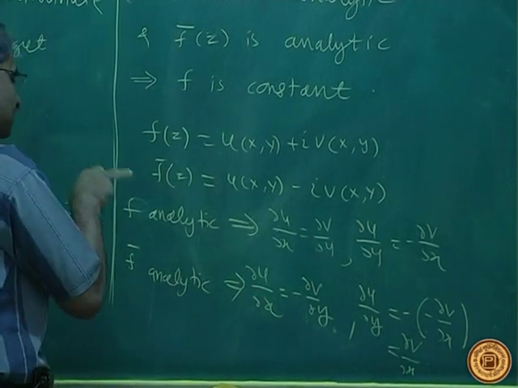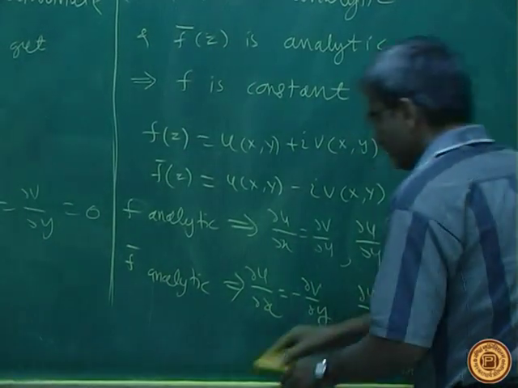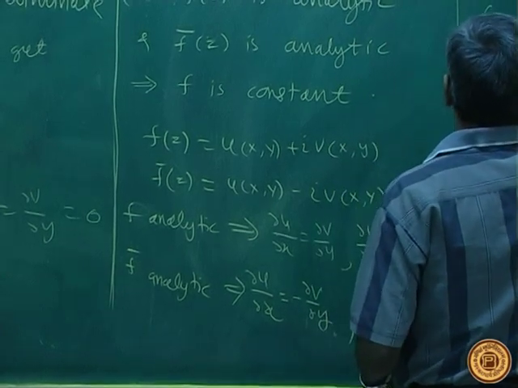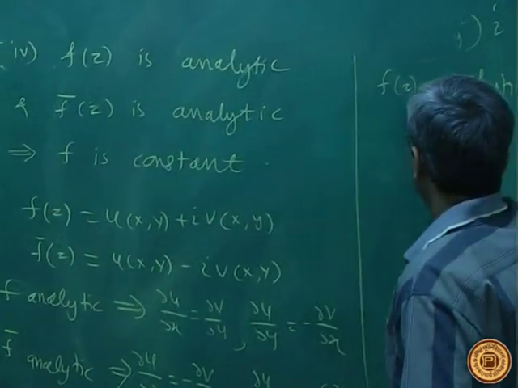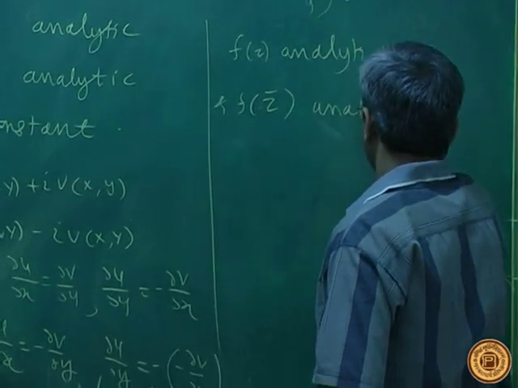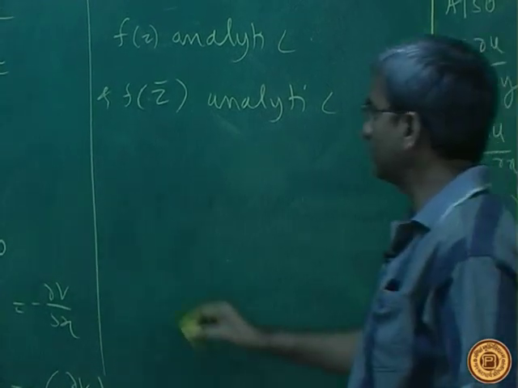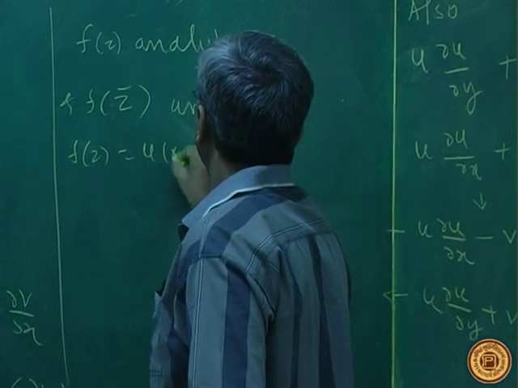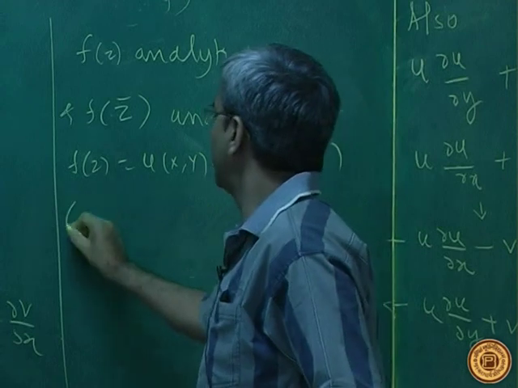If we write f z bar, then let's see what happens. f z bar. So f analytic, f z, and f z bar analytic. That means what happens? So f z is u(x,y) plus i times v(x,y), and f z bar is what?